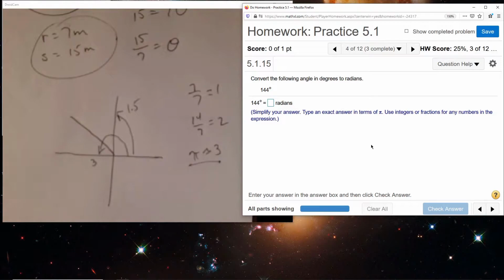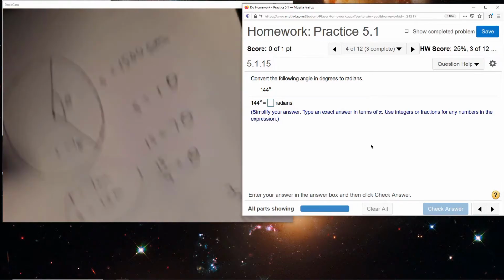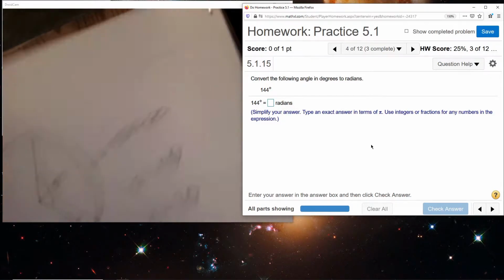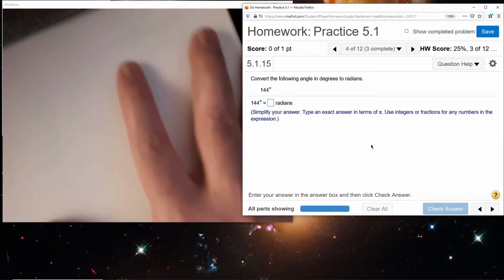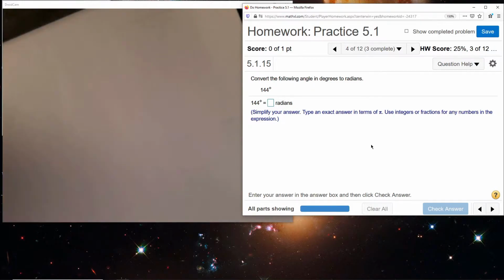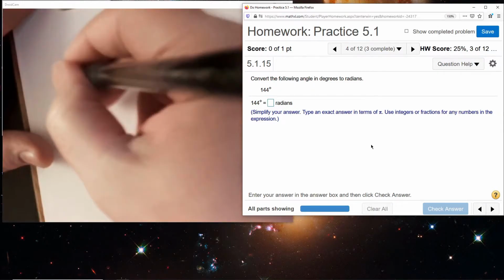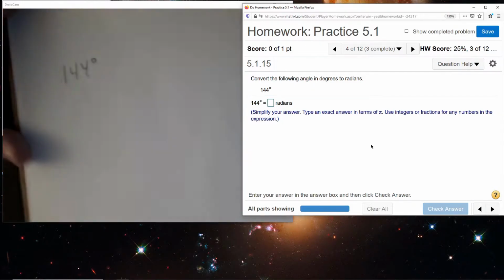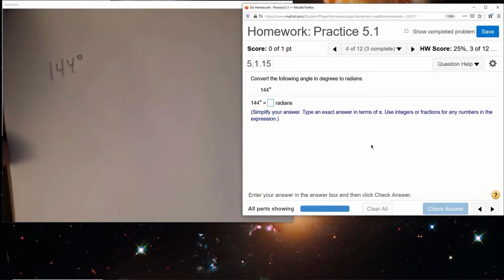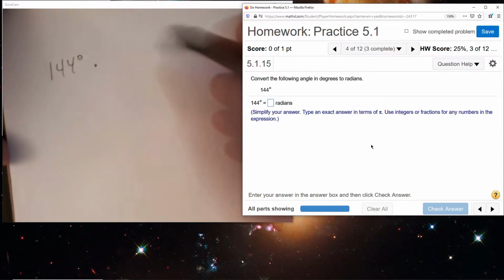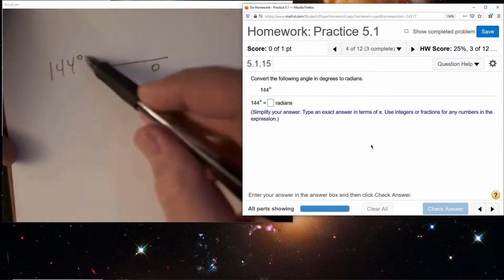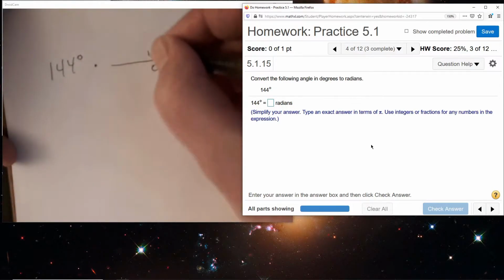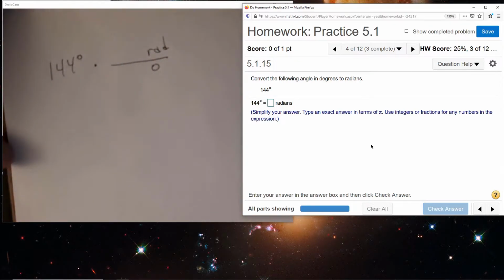So let's check out the next one here. Convert this angle in degrees to radians. So we're going to do some of the conversions then. So we have 144 degrees. Now remember, from the video, we have degrees, which means degrees goes in the denominator because we want degrees to divide out, which means then radians goes in the numerator.